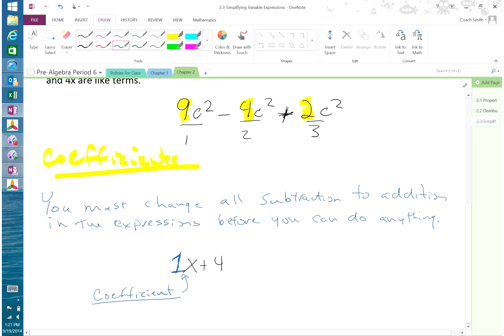Now if there's a 3 in front of it, then the coefficient would be 3. So if I had 3x plus 4, then the coefficient here is the 3. So the coefficient is the number that is in front of the variable that you're supposed to multiply by the variable.